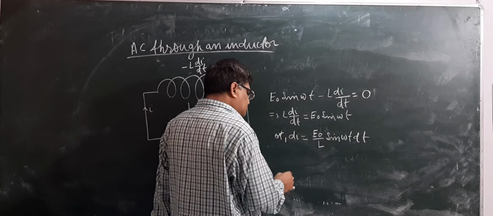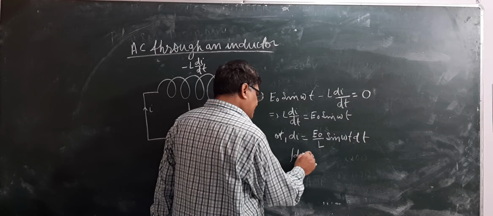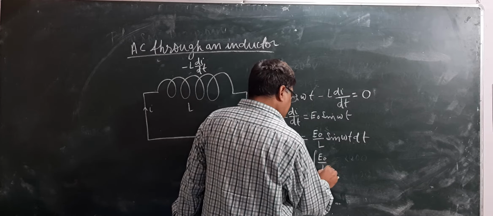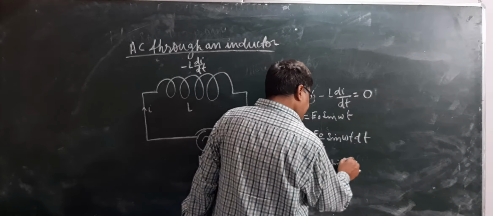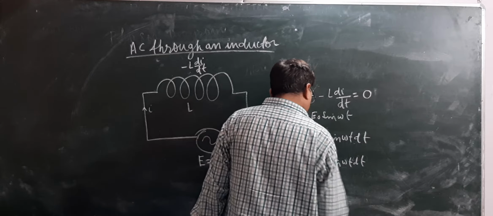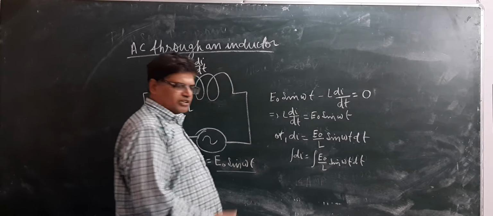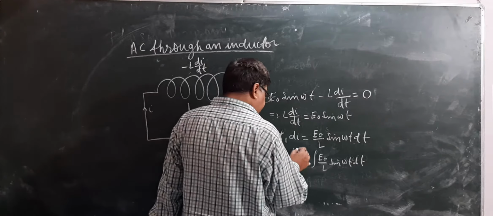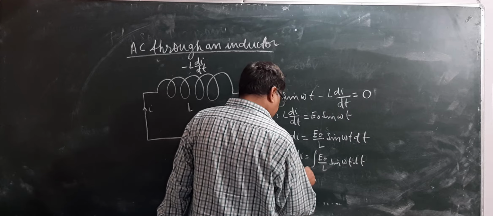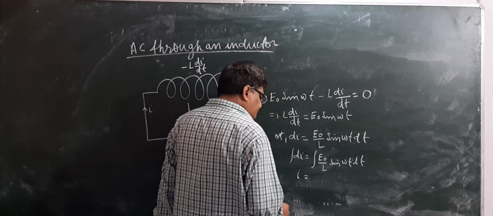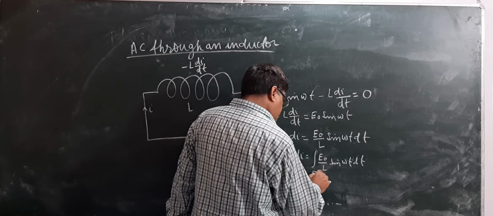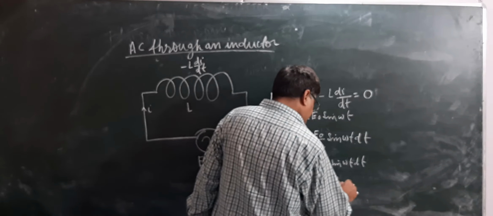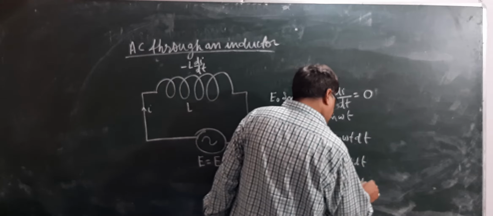So if we integrate both sides, we will get integral di is equal to integral E0 by L sin omega t dt. As E0 and L both are constants, we can take them out of the integral sign, and if you integrate di, you will get I. So I is equal to E0 by L integral sin omega t dt.